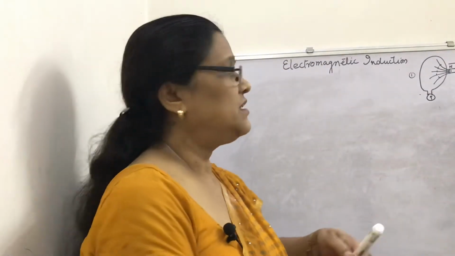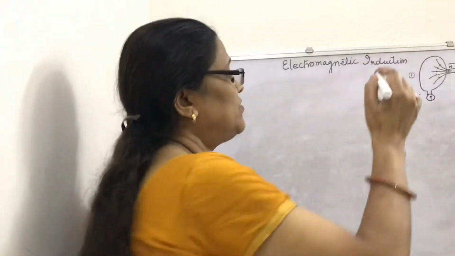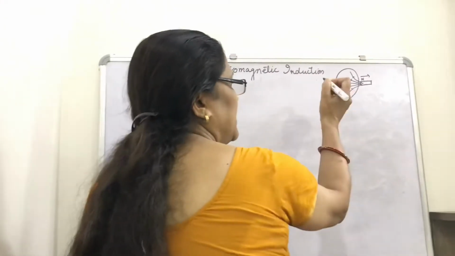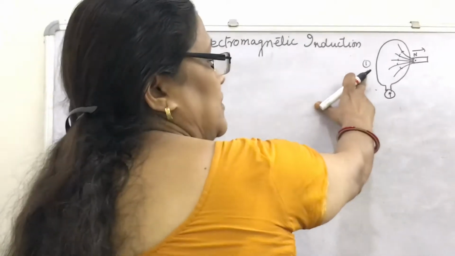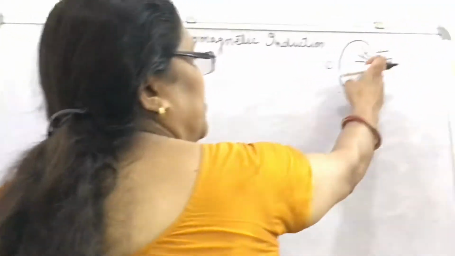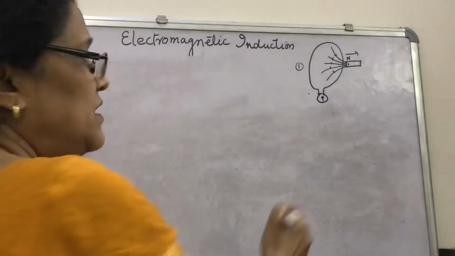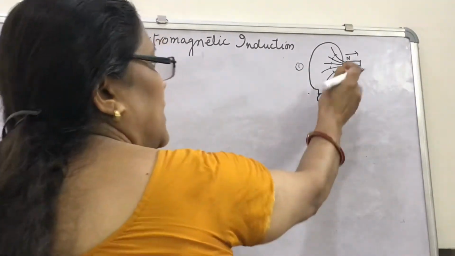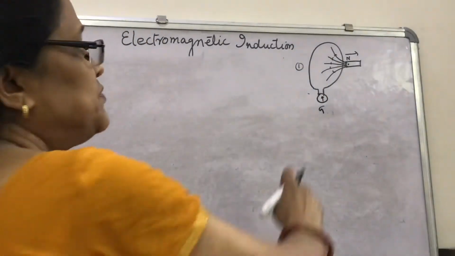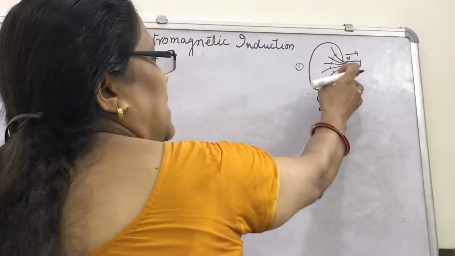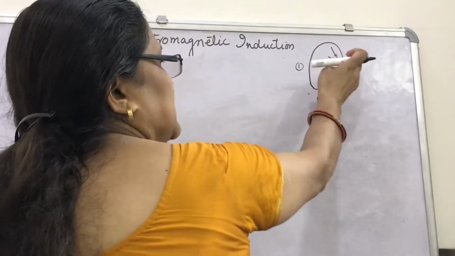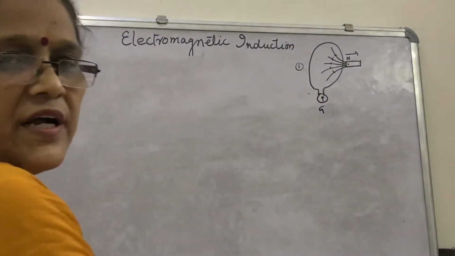Let us see what electromagnetic induction is. In the experimental work by Faraday, I have shown here a conducting loop connected with a sensitive galvanometer. This is the galvanometer and a bar magnet. It is placed with the north pole here, so magnetic field lines are passing through the conducting loop.